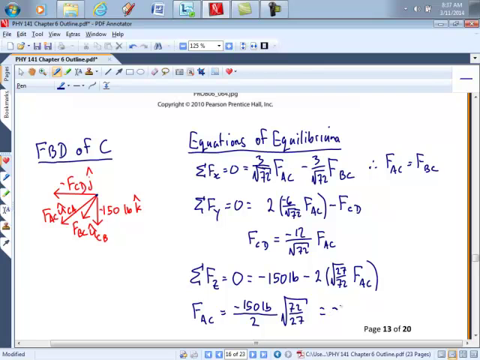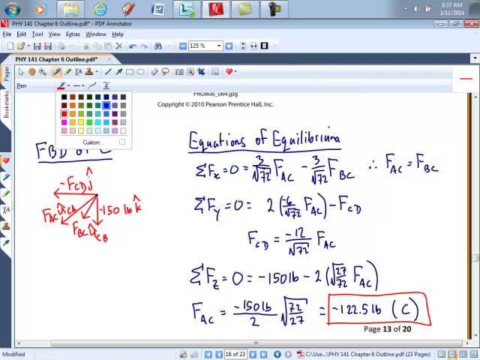Okay, so negative 122.5 pounds, because we drew it as if it was tension and it came out negative. We know that's going to be a compressive force. And we also know that's going to be FBC because they're the same.